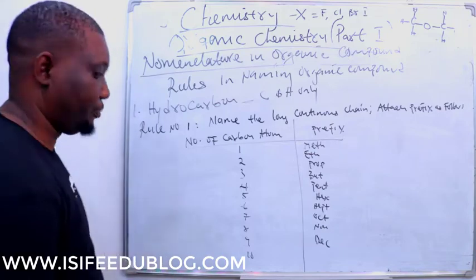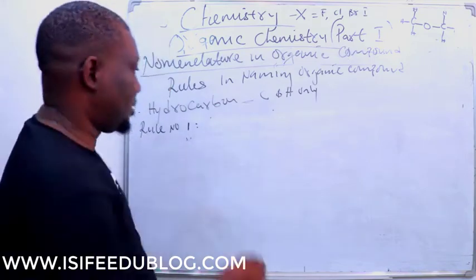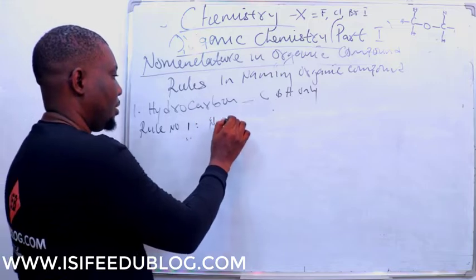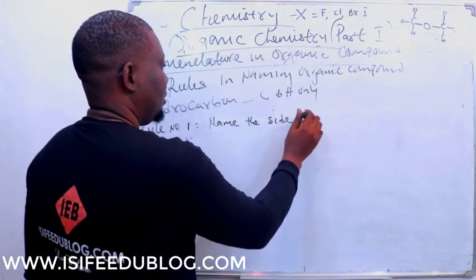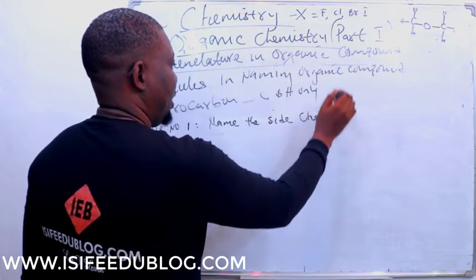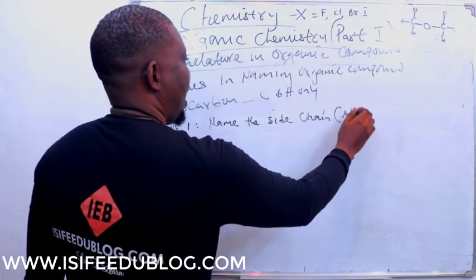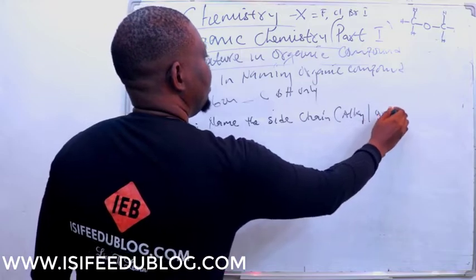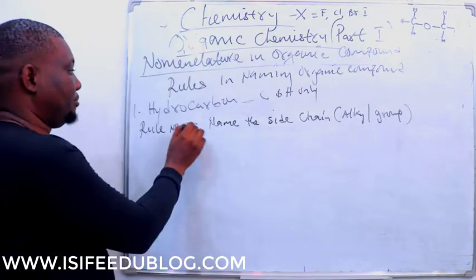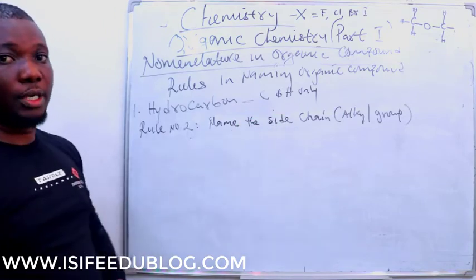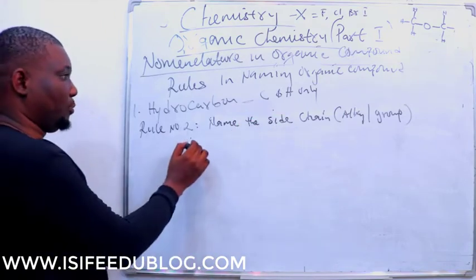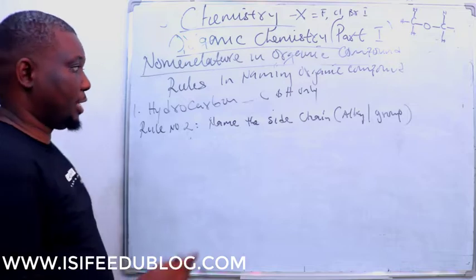Rule number 2: name the side chain, or alkyl group. Recall the alkyl groups as follows.